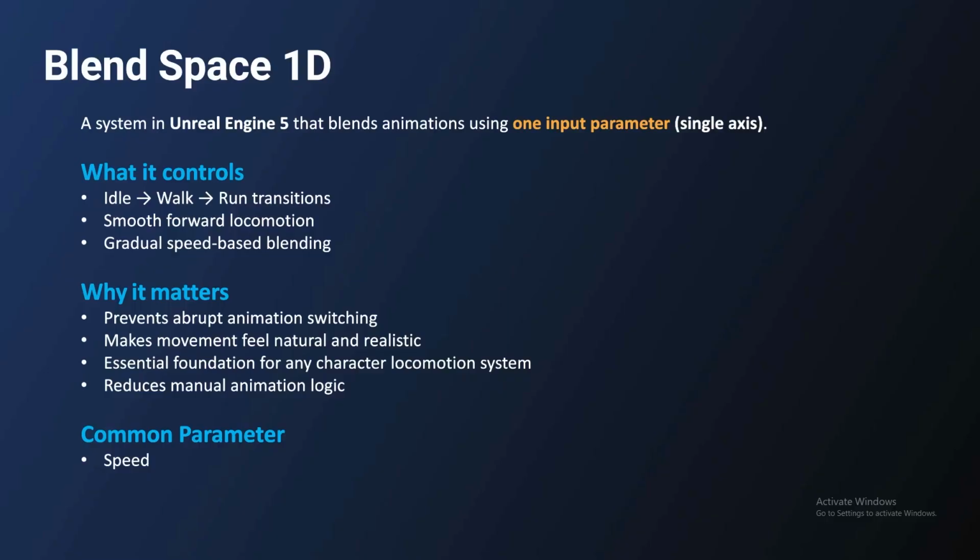It transitions between idle and walk with a forward locomotion and a gradual speed. It will be useful only for the horizontal axis, or rather only one particular axis. Why it matters is that it helps us do a smoother transition from one state to another. It also makes it natural looking and reduces the animation logic. So that was blend space 1D.